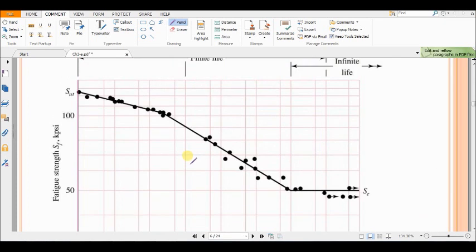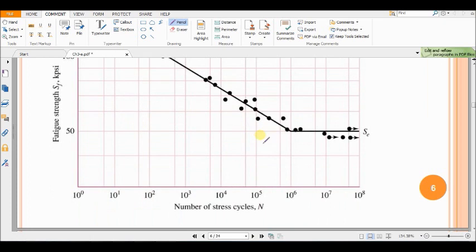For example, in this graph, if the stress becomes less than 50 kpsi, if the load that you apply on the specimen results in a stress less than 50 kpsi, the part would never fail due to fatigue. It continues to rotate infinitely.